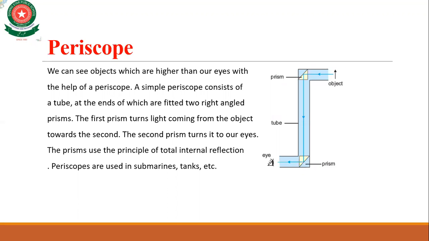Basically, the phenomenon used in this periscope is total internal reflection, due to which we can see things that are above our eyes. These periscopes are used in submarines, tanks, etc., where the submarines are under the water, but they can see what happens on the surface of the water. So they use the periscope.